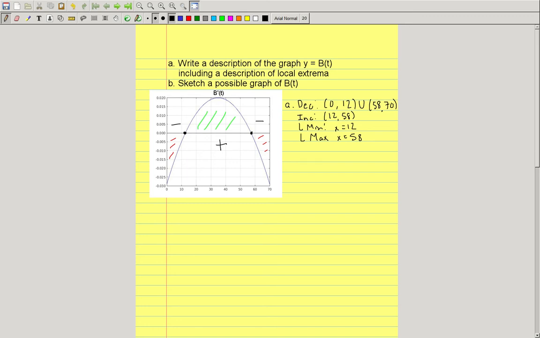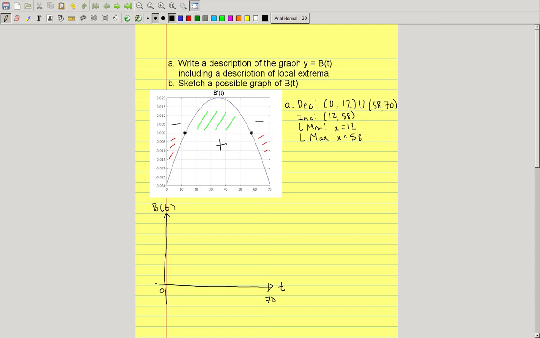Now what we're going to do is draw a potential sketch of the graph. We don't have any information about the actual values, so we're just going to do our best to sketch something that's reasonable. So this is going to be a graph of b of t. And we're going to have the t-axis down here match the axis of the function directly above it.